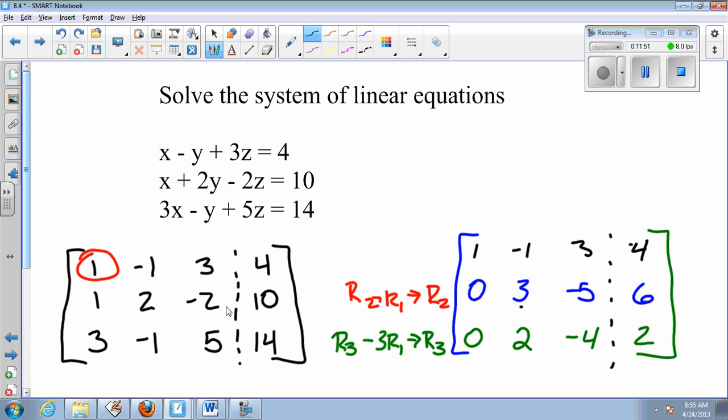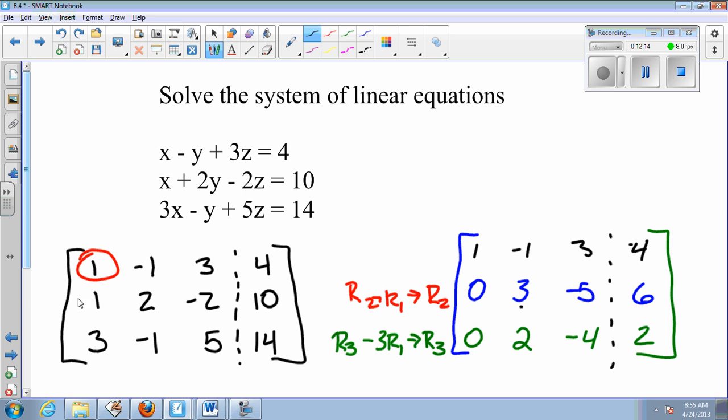Okay, so we now need a 1 in column 2. So we look at 3 and 2. Row 2 has 3, -5, 6. Row 3 has 2, -4, 2. All of these are divisible by 2. And that will give us a leading entry of 1.